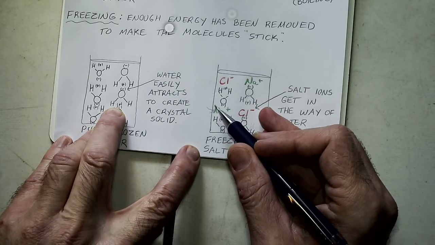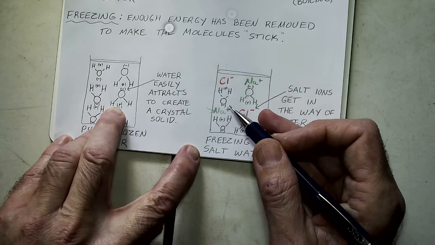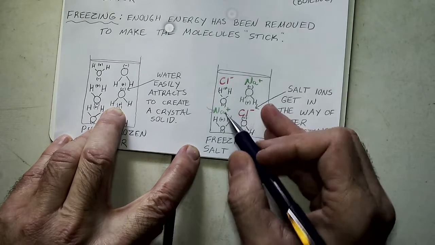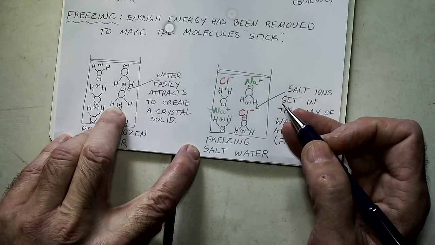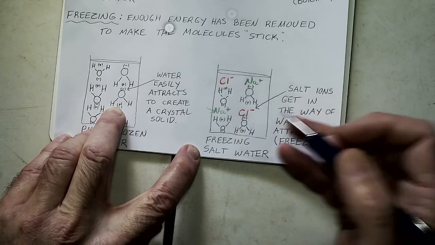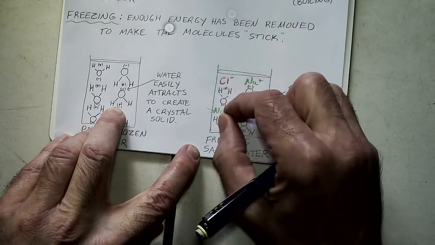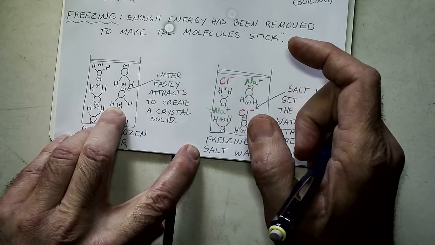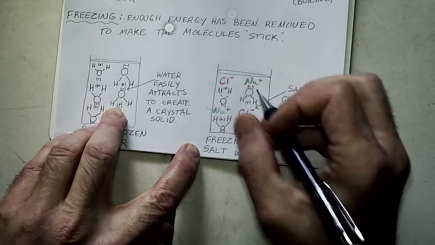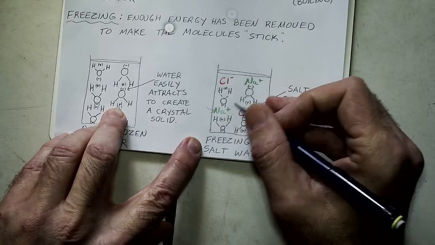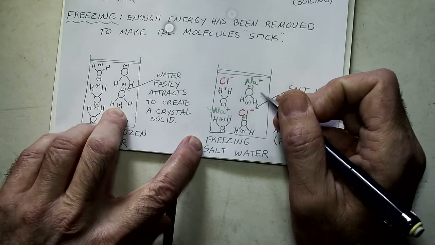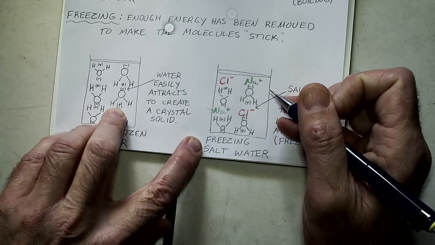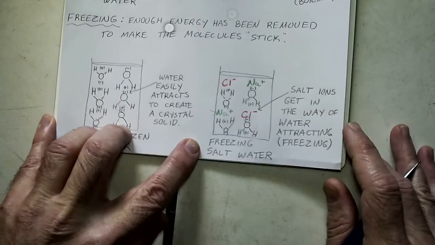And if energy is being taken in, you feel it as being cold. And that's why putting salt in ice makes the ice colder, because that splitting apart of the water molecules takes energy to do. And where's it getting that energy? It's getting it from the environment. And what's the environment? Well, the environment is the ice cream you're making, which makes the ice cream mixture colder. So I hope that makes sense.